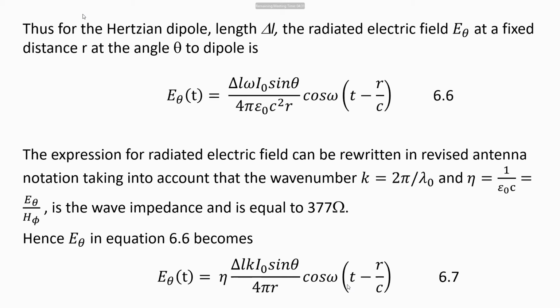So here you can see the alternating current, the exact distance, and here the angle in the meridian component, and the phase delay depends on the distance.